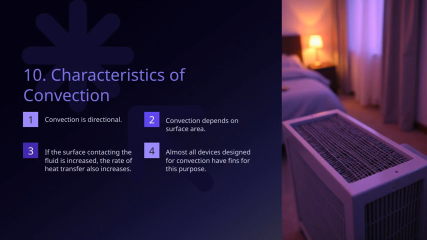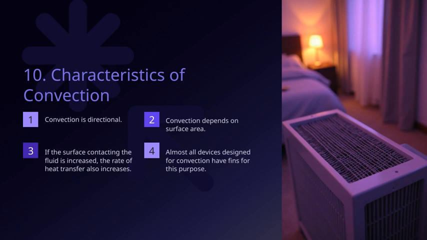Almost all devices designed for convection include fins for this purpose, because fins increase the surface area that contacts the fluid. Convection heavily depends on this surface area, meaning that the larger the area in contact with the fluid, the more heat can be transferred. That's a key point to remember because it directly impacts how efficiently heat moves away from or toward a surface.